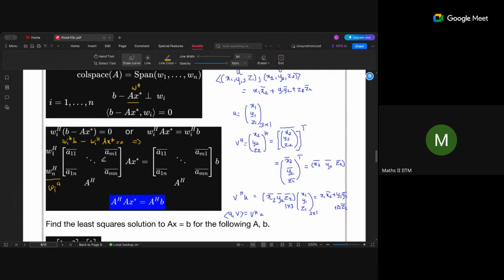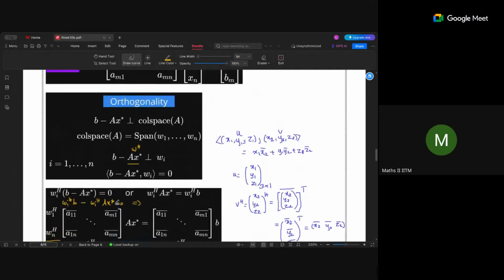So WiH A x star equals WiH B. When I write it for each i, I get that AH A x star is equal to AH B.